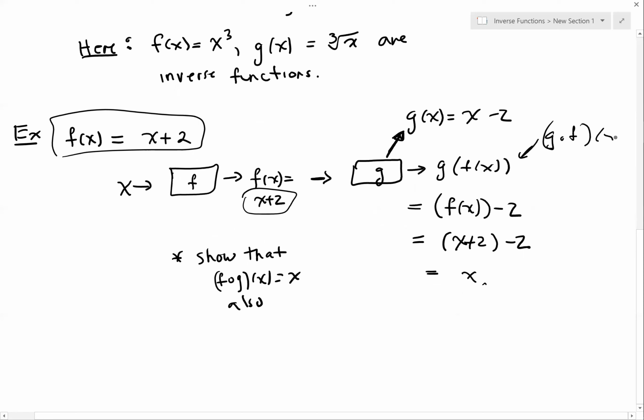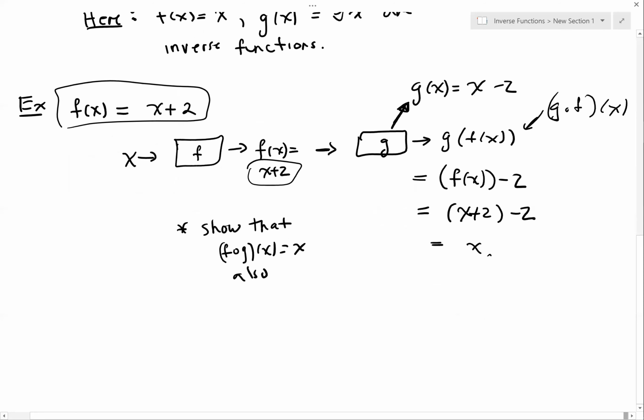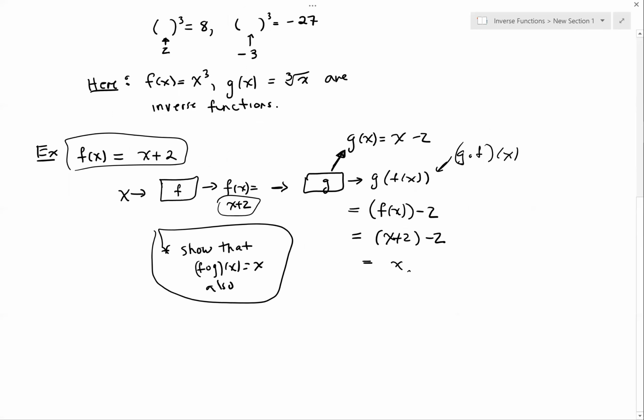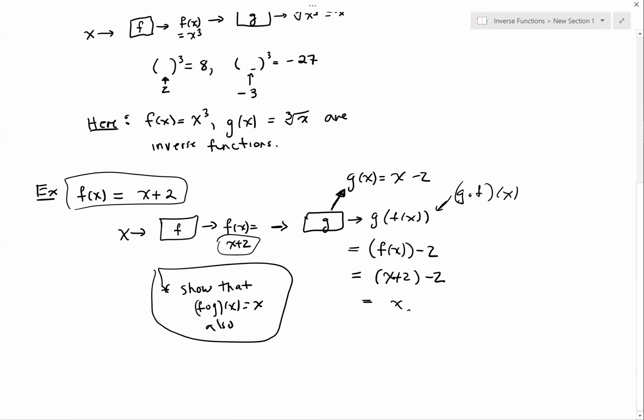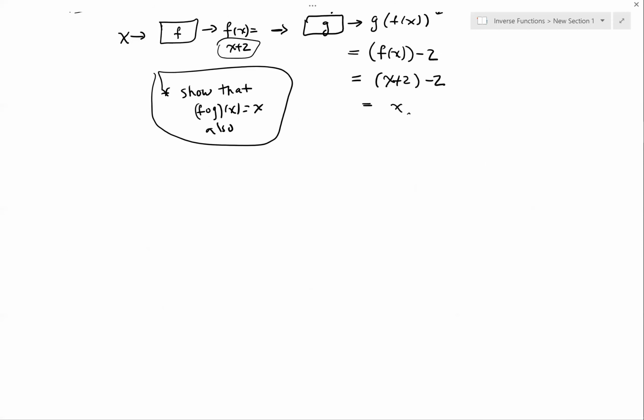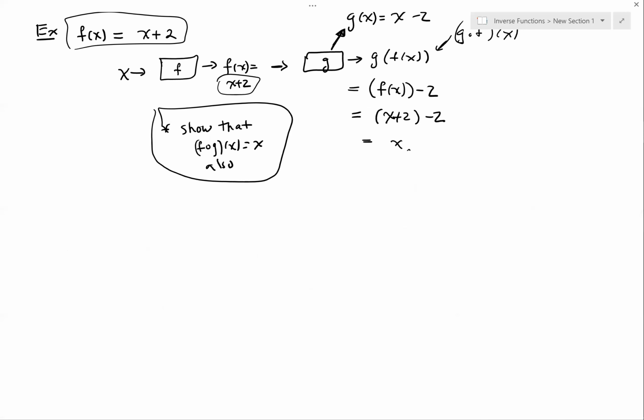We showed one direction of the composition, but we didn't show both of them. Right? So once you show that both of those are true, then you're showing that they're true inverses of one another. So let's do a couple of examples just verifying, and that'll conclude this first video. Just a couple quick examples of showing that two functions are inverses.